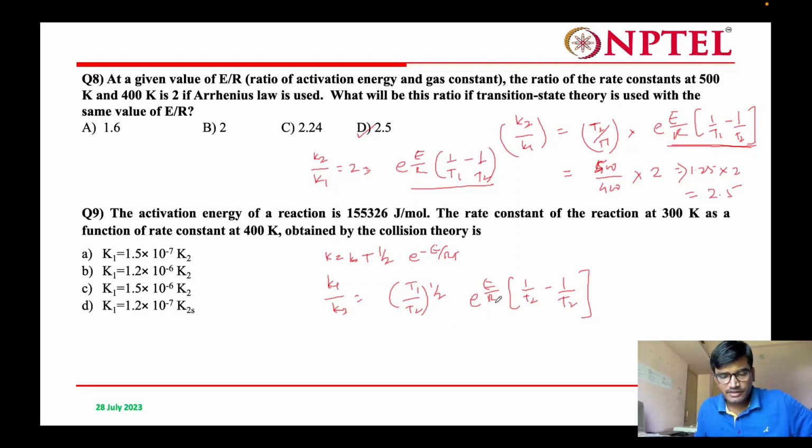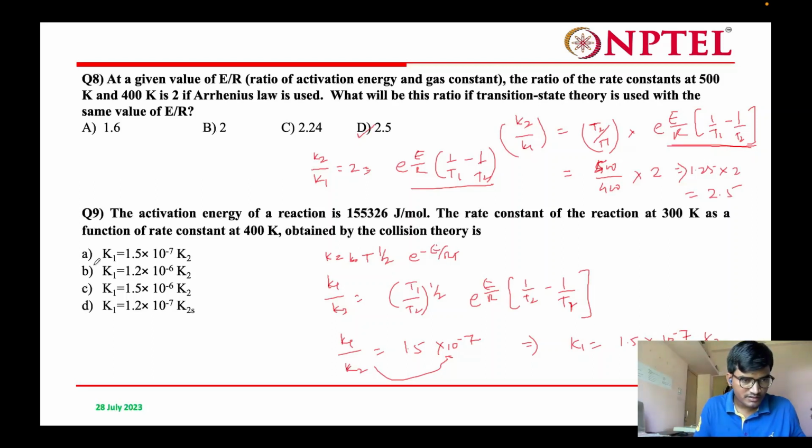So given R 8.314, T1 given as 300 Kelvin, and put the values here. It comes to 1.5 into 10 to the power minus 7. So T2, right. Option A is right.